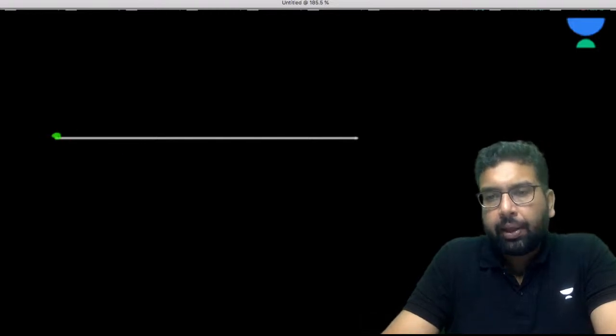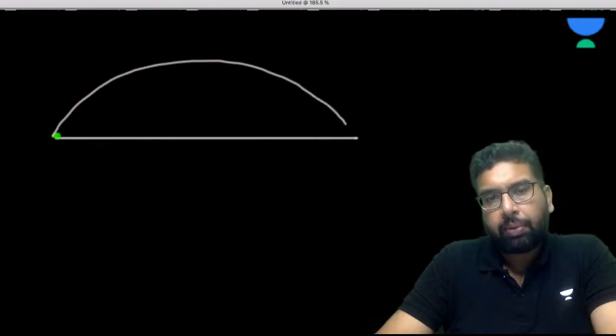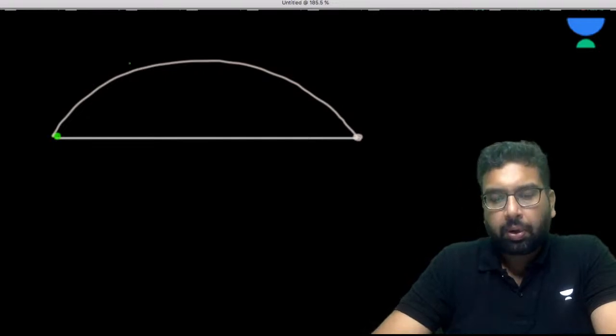See, let's suppose the motion happened to be from here to here. This is a ground to ground projectile, and let's suppose there is a point x and y.